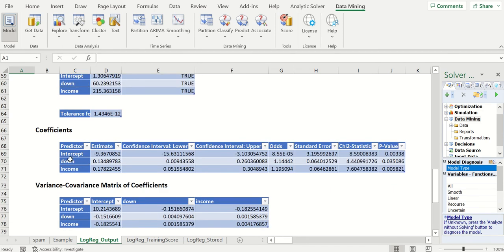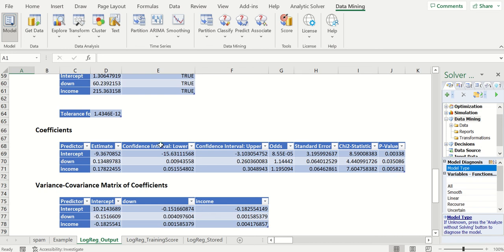The coefficients, two ways to look at the coefficients here. From a statistical standpoint, what we're looking for is the p-values. Remember that a p-value of less than 0.05 means that the probability the result is due to chance is less than 5%. So you can see our p-values here are all less than 0.05.